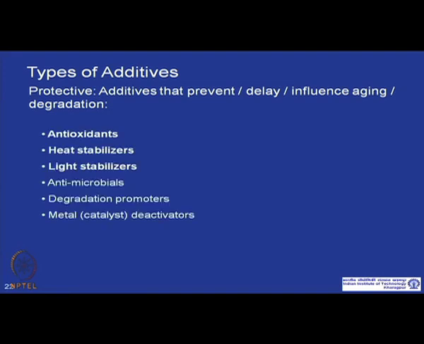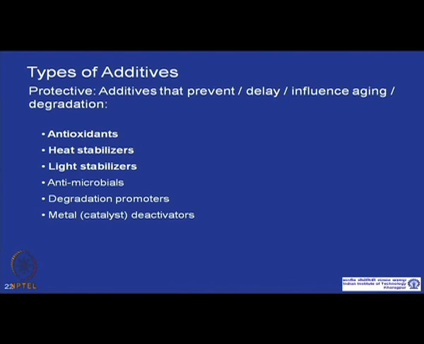Some of these additives are antioxidants, which basically prevent oxidation. Heat stabilizers, which prevent degradation of the polymer under heat. Light stabilizers, which protect the polymer from UV radiation. Antimicrobials, which protect the polymer from microbes, bacteria, and so on.